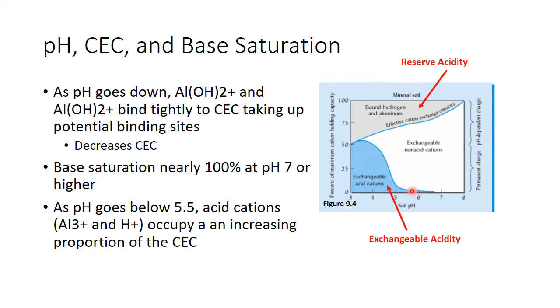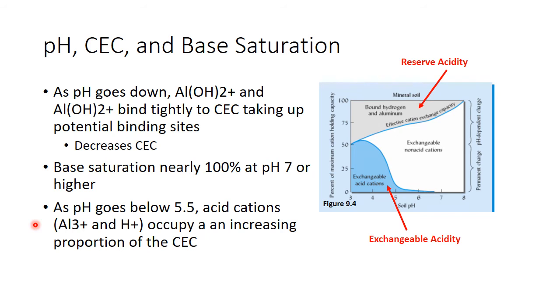And once we get below a pH of 5.5, we really start to increase how much of these spaces are filled with acid cations, and decrease how much are filled with base cations. The soil CEC starts to fill up with these hydrogen cations and the aluminum, and that decreases the ability of the soil to hold on to nutrients.